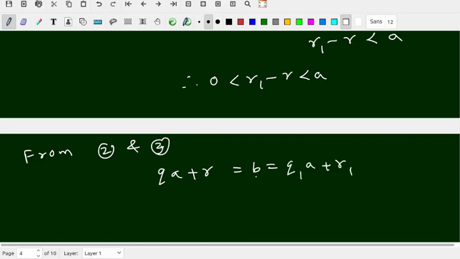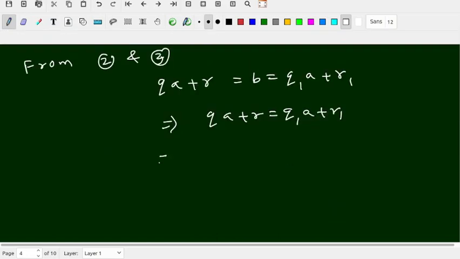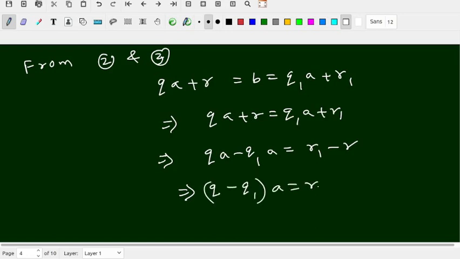So qa plus r is equal to q1a plus r1. Now we write qa minus q1a equal to r1 minus r. We take the a outside: q minus q1 into a equal to r1 minus r.